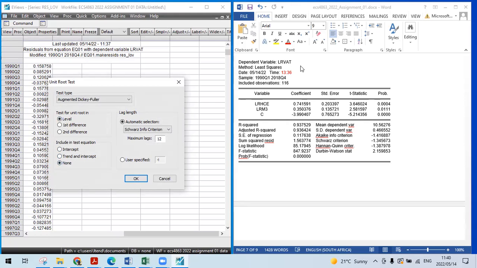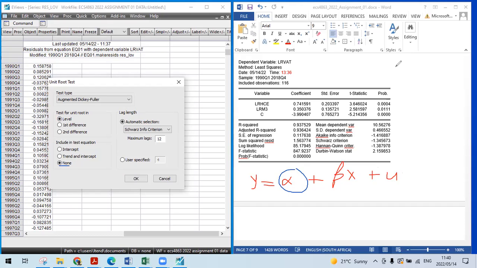Yes. Remember, I actually wrote it down: if you want to check for co-integration, this one, we don't need it. There's no need for us to have this intercept. It will not help us in checking for co-integration. That's why we are having none here.